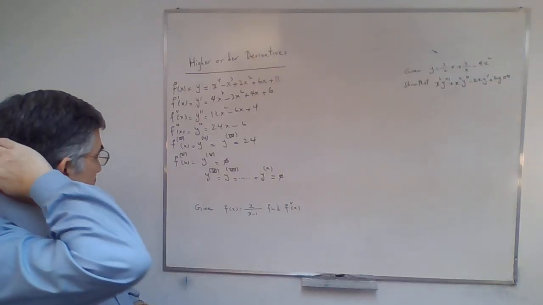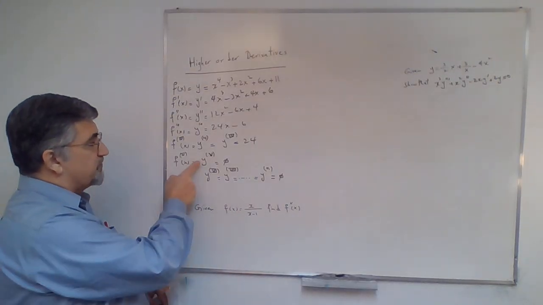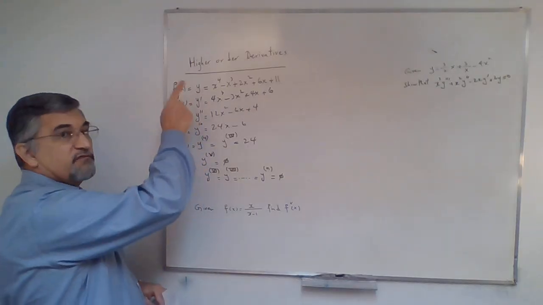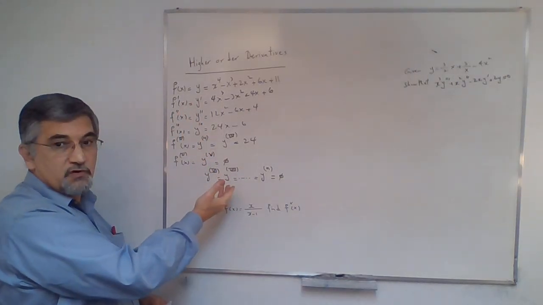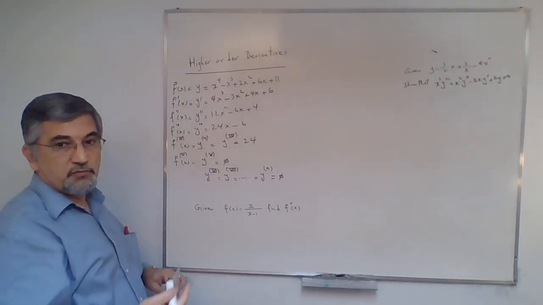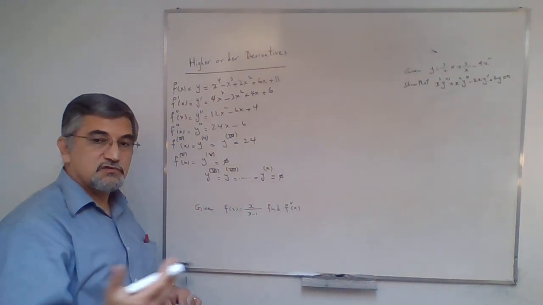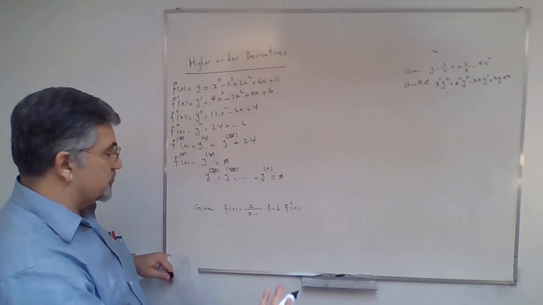So one thing we noticed is that the fifth derivative of a fourth degree polynomial function was 0. So we conclude that if you have an nth degree polynomial function, the n plus first derivative would be 0, basically, right? So this is a conclusion we came up with.